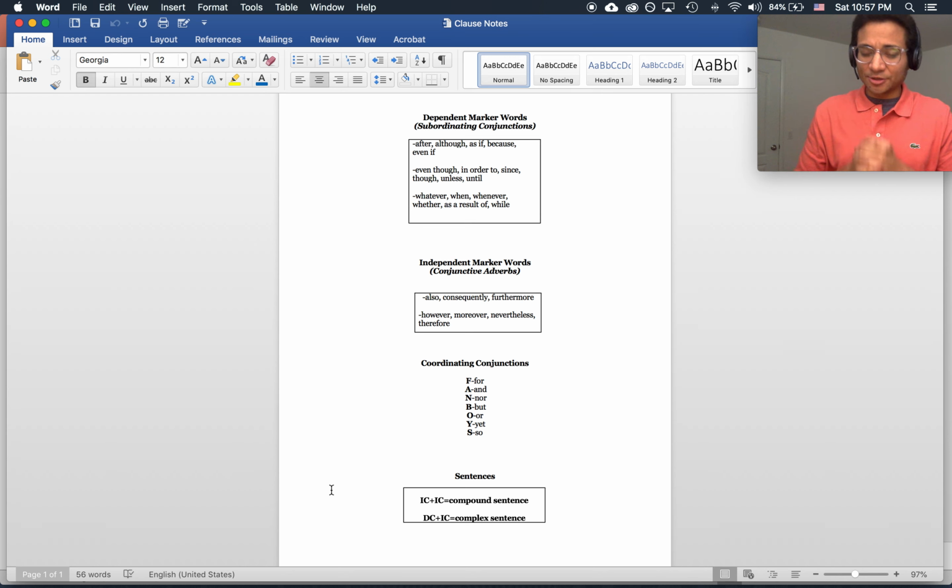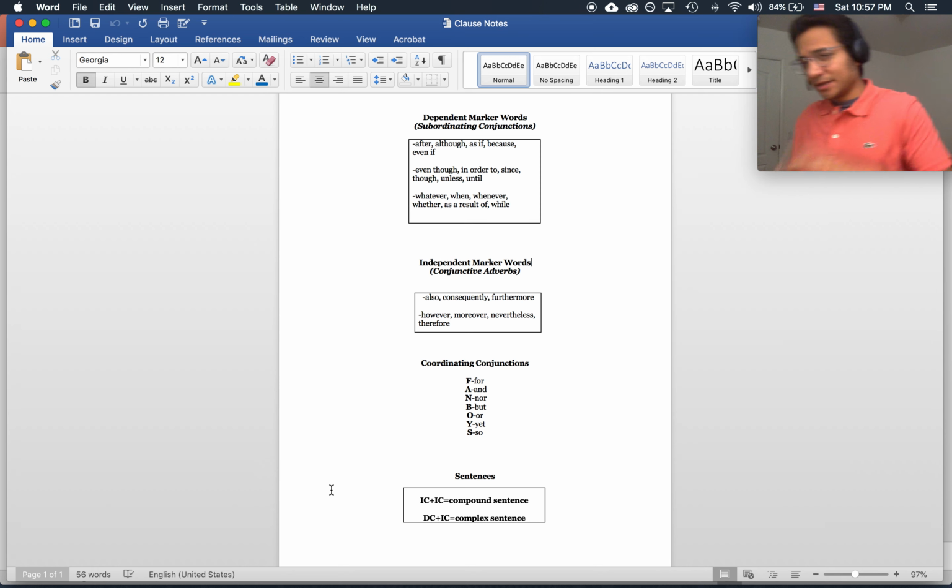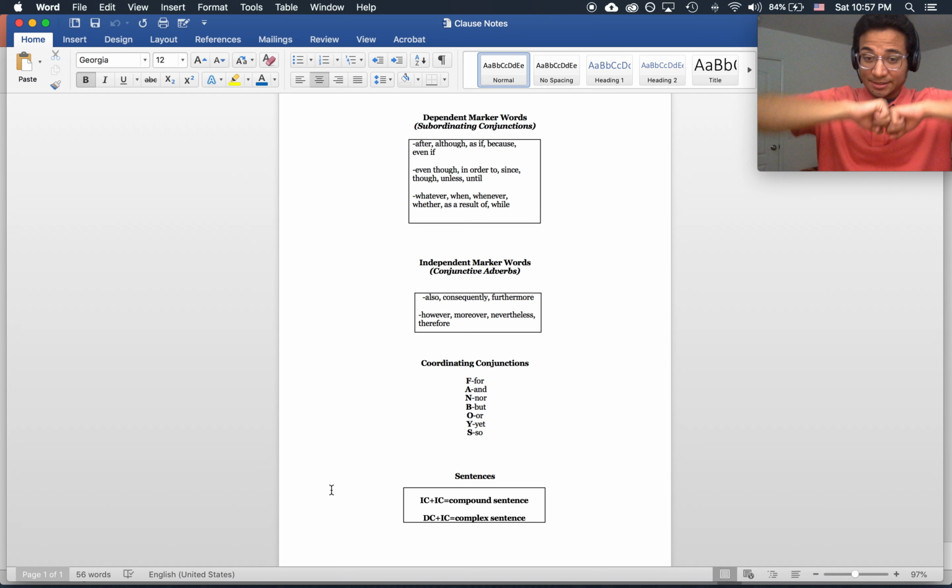Or it's called a complex sentence when you have a dependent clause and independent clause. It does not matter if you start with independent clause and end with dependent clause. As long as there's a combination of dependent and independent in the same sentence, that's called a complex sentence. Two independent clauses is called a compound.